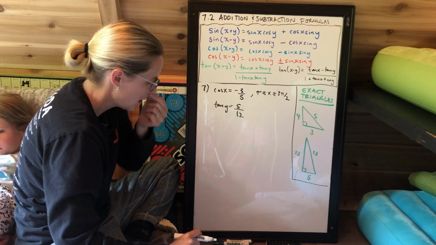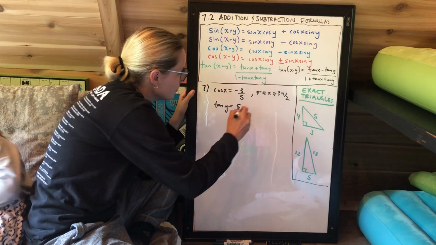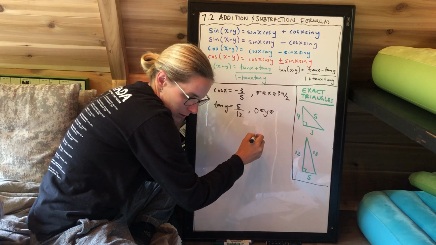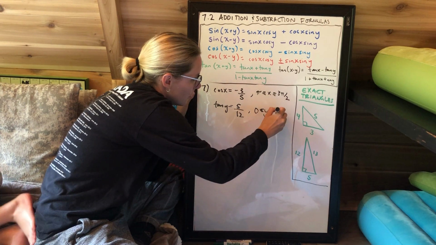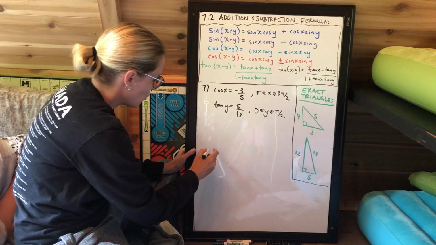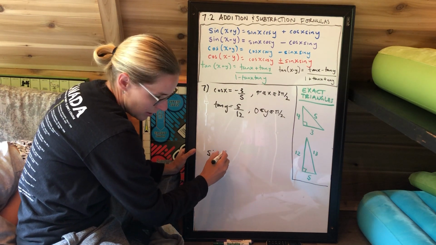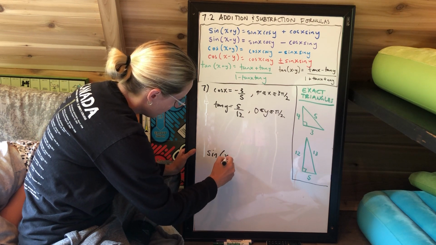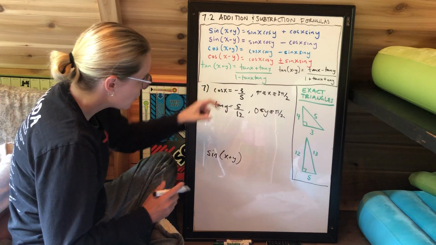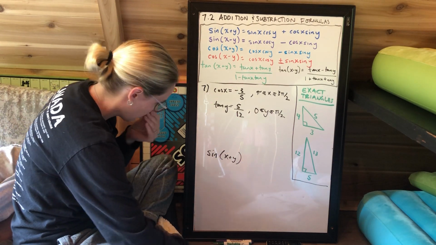That's the reason I put these in. If we know these things, what we want to calculate is what exactly is sine of x plus y. That's the goal. So first of all, we have to analyze what both of these mean.